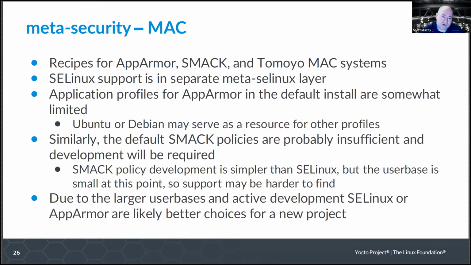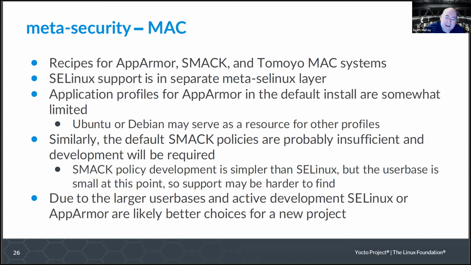So the application profiles that you get in a default build of what's in Meta Security for AppArmor, there's not a lot of profiles, and AppArmor's configuration is per app. So if you were going to use AppArmor, you'd probably need to look at Ubuntu or Debian for other application profiles. Similarly, for SMACK, the default policies are pretty sparse, and you'd probably have to do development.